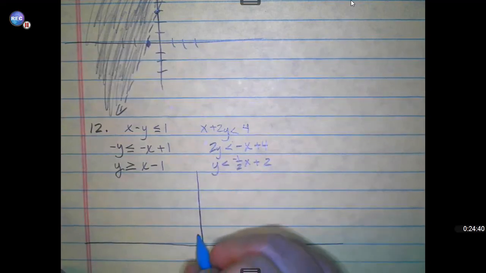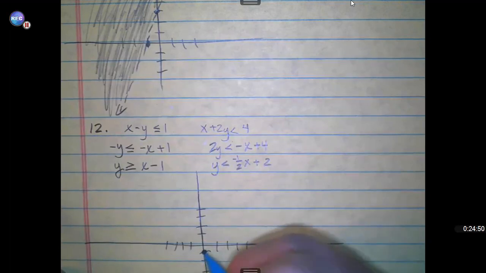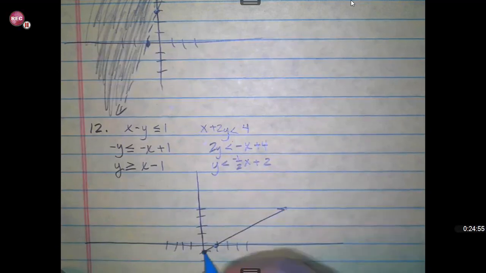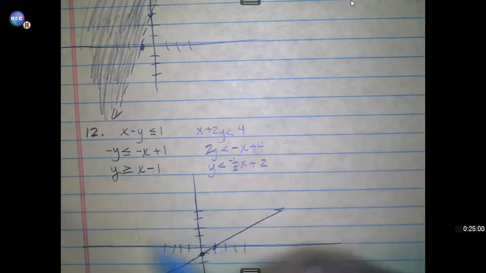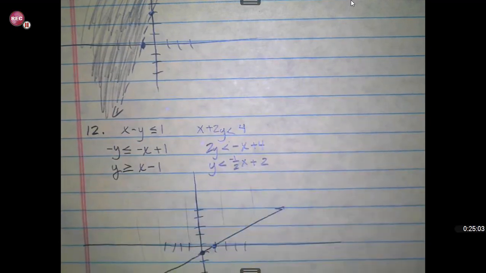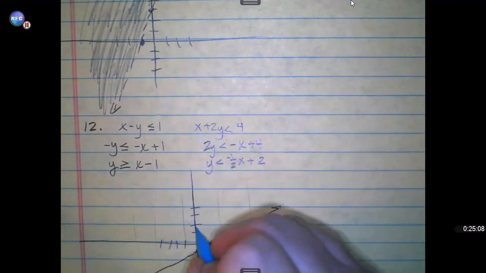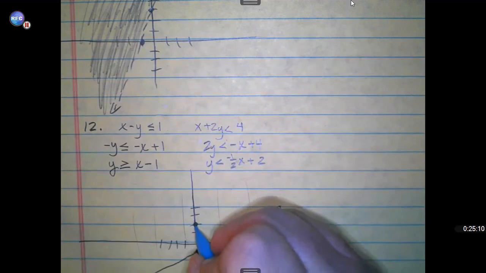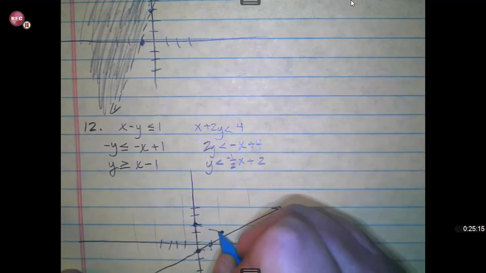So one on the left, the y-intercept is -1, and the slope is 1. And it is a solid line. And 0 is greater, it's going to be shaded above, right? Okay, just real lightly mark that in. The other one, the y-intercept is at 2, and the slope is -1/2, so I'm going to rise and run, and that is a dotted line.